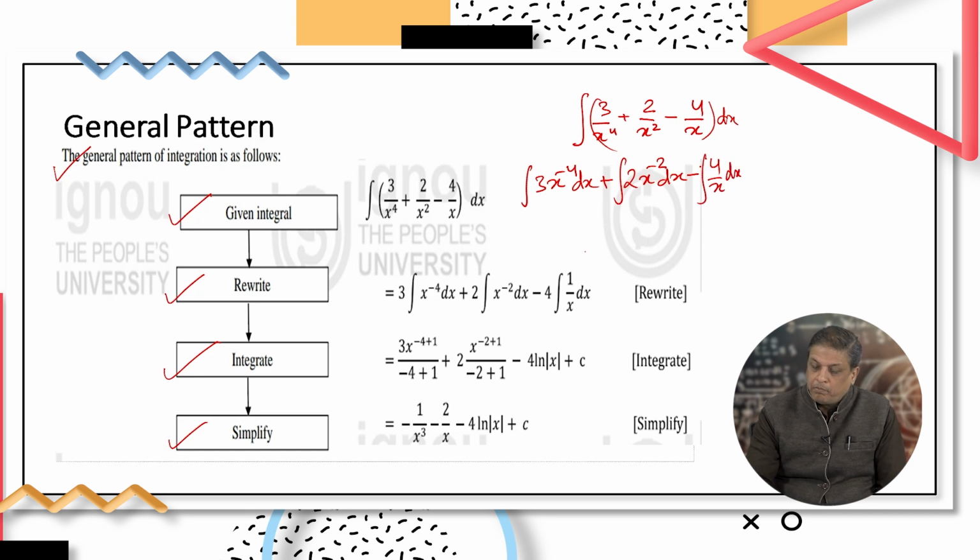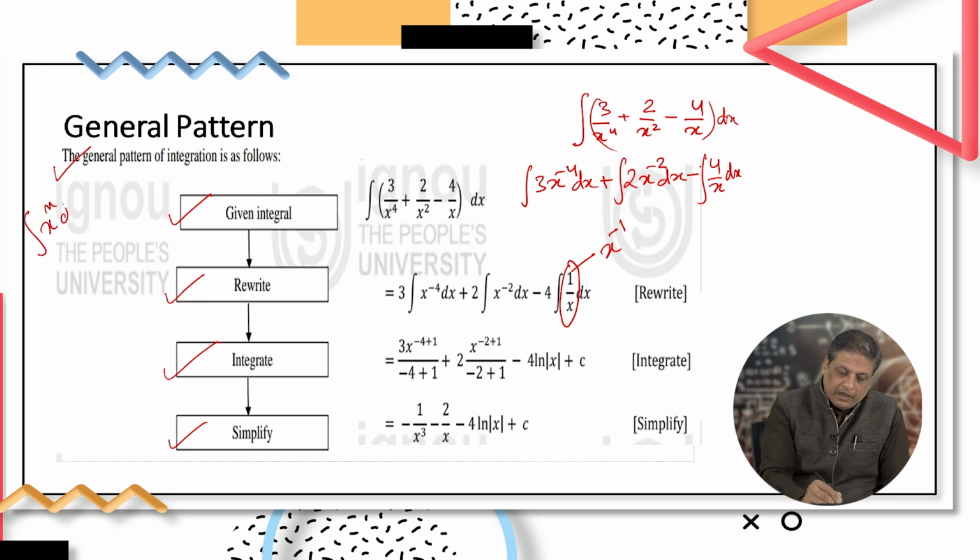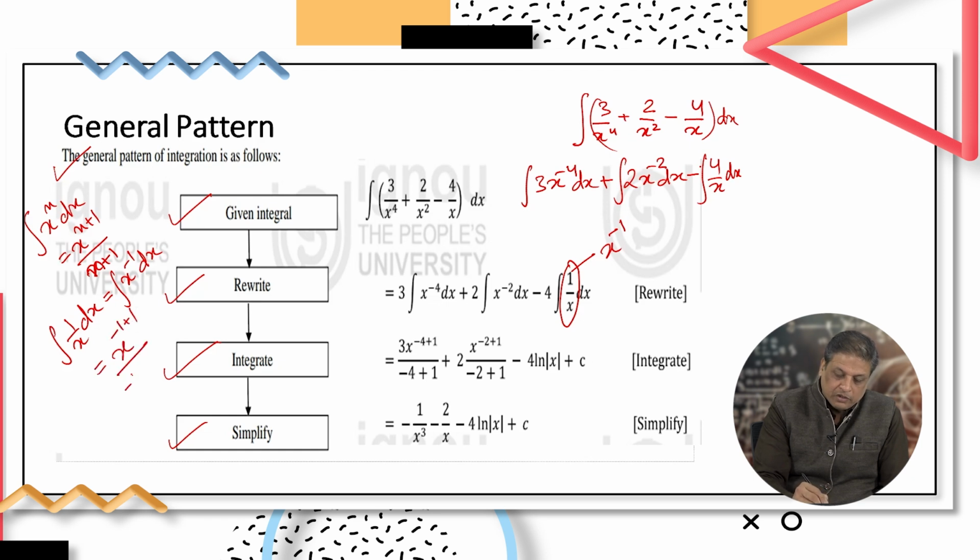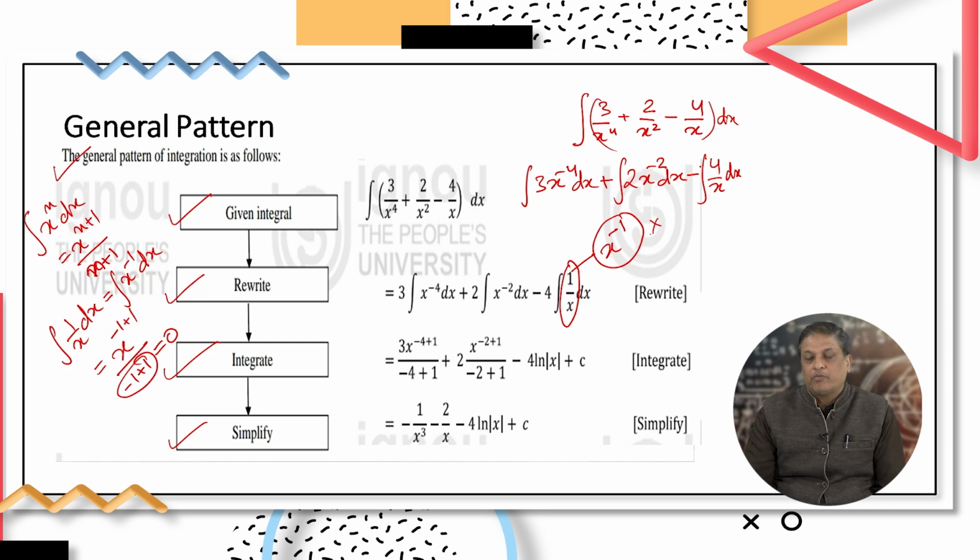You may ask the question why this is not written in the format x to the power minus 1. Because integral of x to the power n dx is equal to x to the power n plus 1 over n plus 1. So integral of 1 by x dx, if it is written as x to the power minus 1 dx, then the answer will be x to the power minus 1 plus 1 upon minus 1 plus 1, and this will be 0 in the denominator, so the function is not defined. That's why this expression is not written as x to the power minus 1.